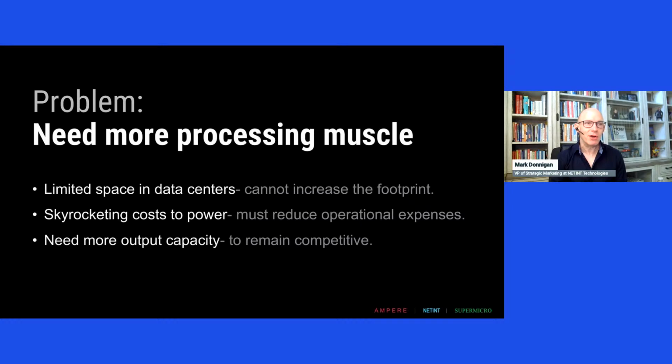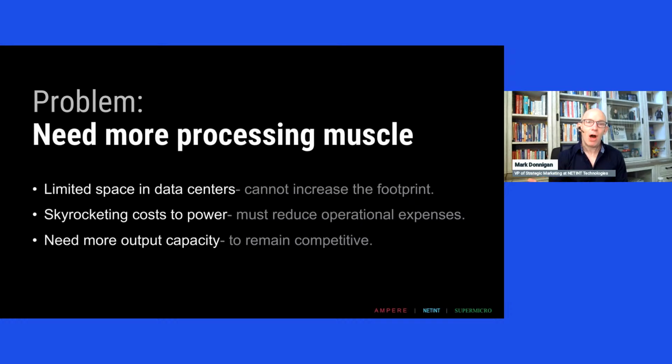Obviously, costs are just absolutely skyrocketing. And cost, especially in power, we saw across the EU in particular over the last 12 to 18 months, I've heard numbers as high as a 4x, even a 5x increase in some regions. And that obviously is not sustainable. So if we can do more with less, then that certainly is going to help us on the cost side.